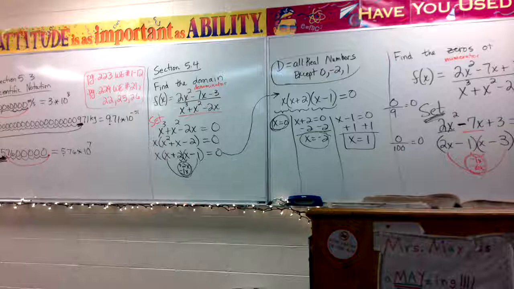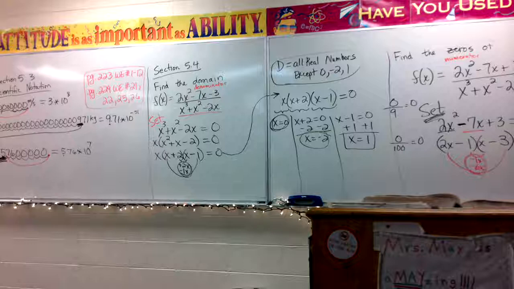So add 3, and one possibility is x equals 3. That's one of the zeros. If you plug 3 in there, this whole thing will equal 0. The other value here, add 1, divide by 2, and you get x equals 1/2.